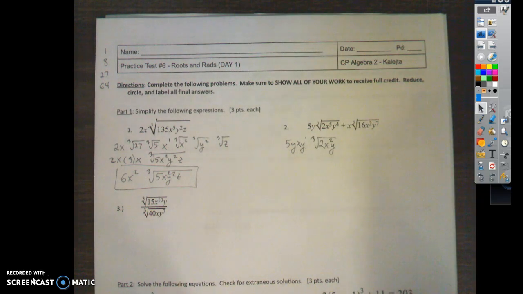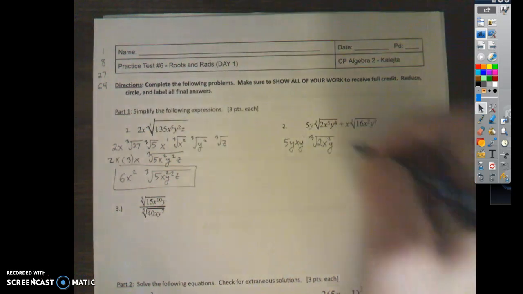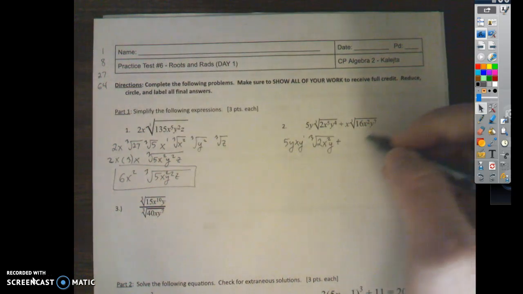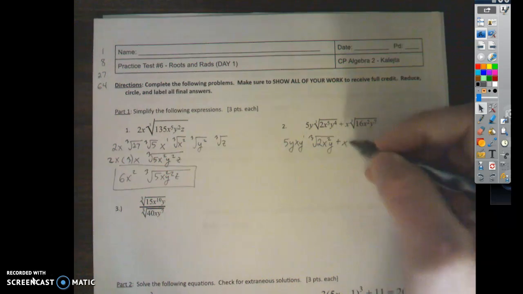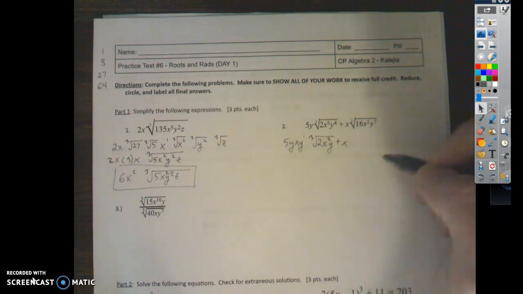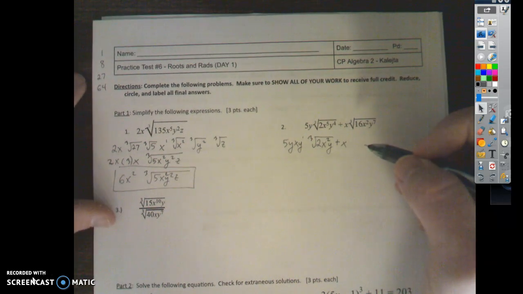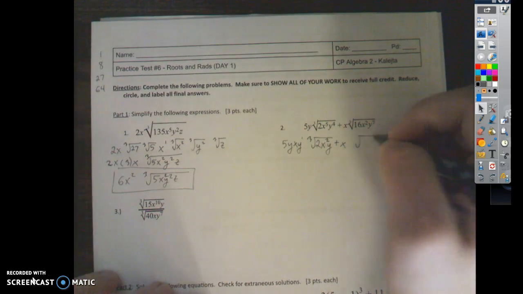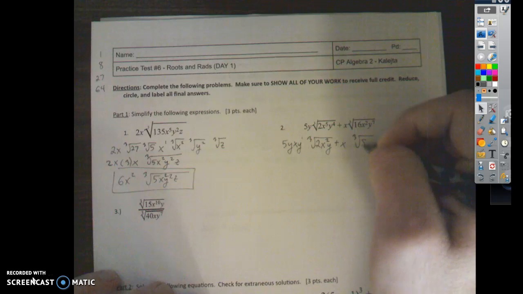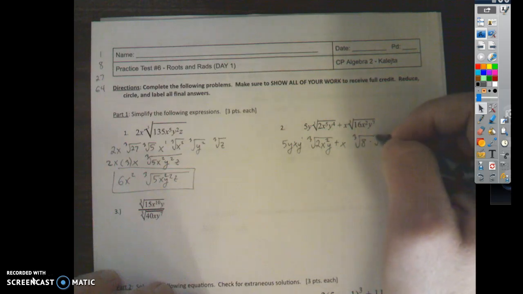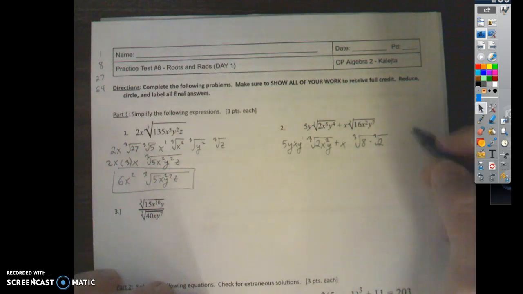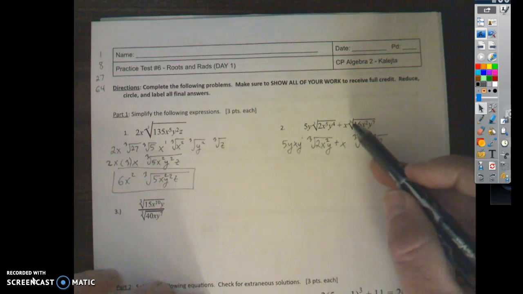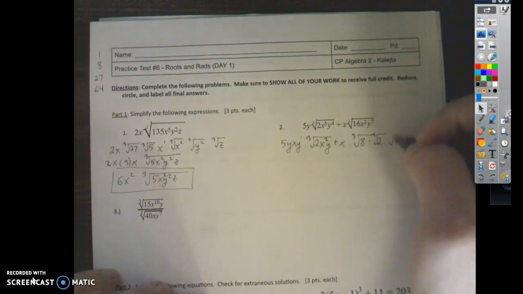Now over here, plus, you've got that x out front. Is there a perfect cube that can go into 16? Here are my perfect cubes off to the left. Hopefully you can see that 8 goes into it, so I've got the cube root of 8 times the cube root of 2. How many times can 3 go into 2?